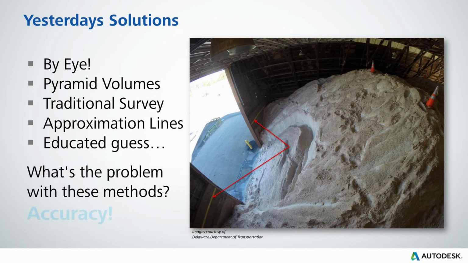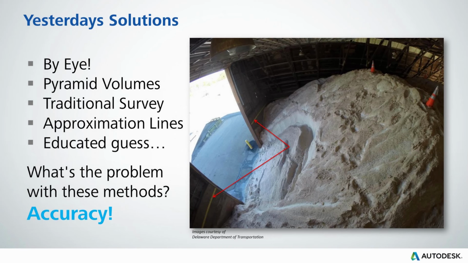And really, what's the problem with all of these methods? It's accuracy. And accuracy is, again, important because, remember, we're tying the volumes that come out of this process to planning initiatives. We're tying it to accounting initiatives.